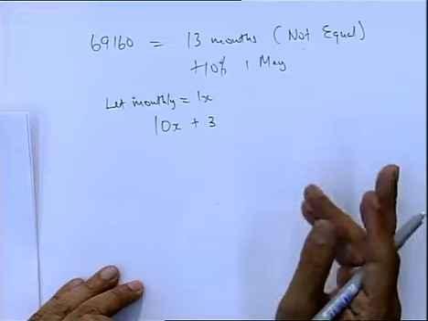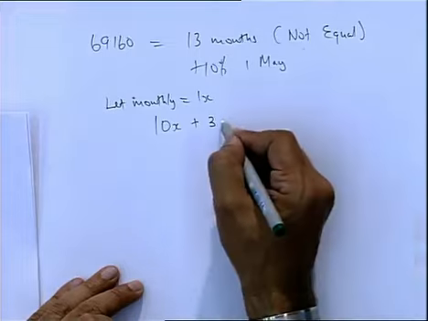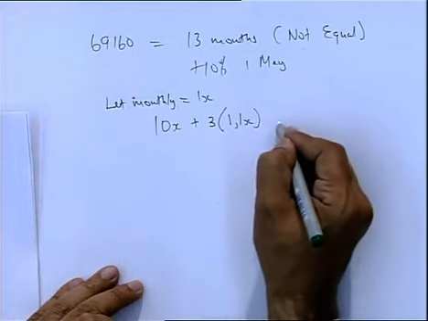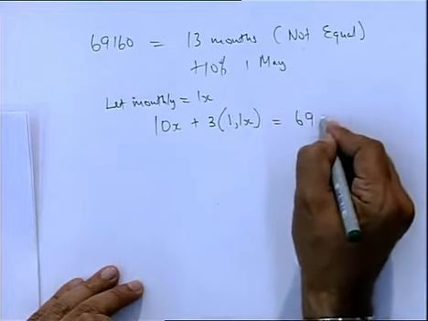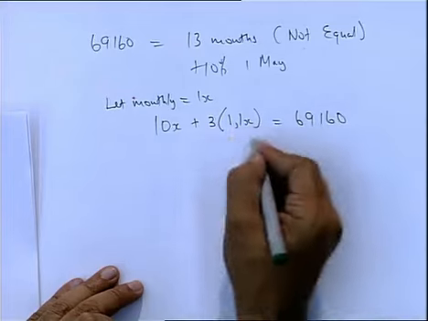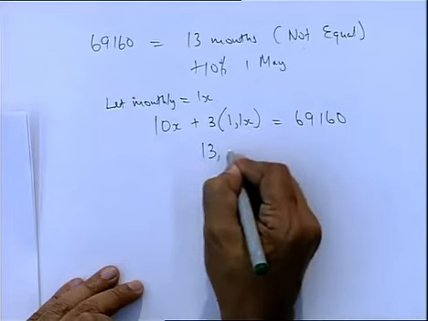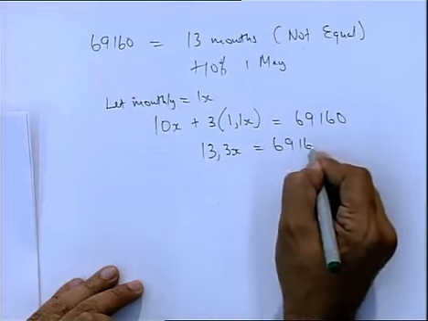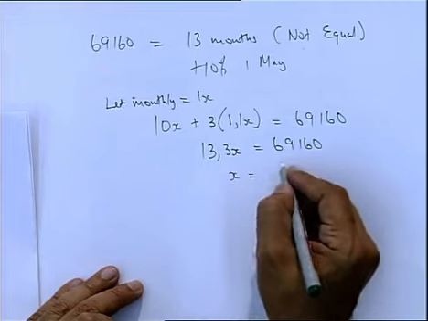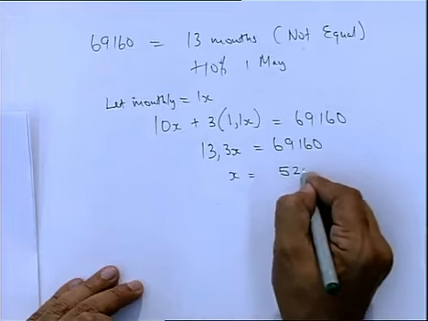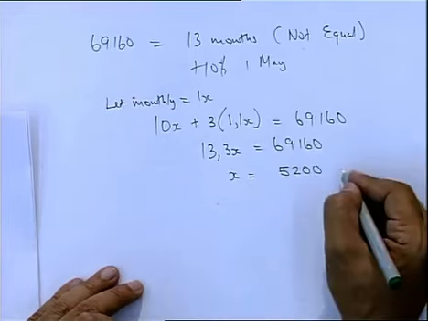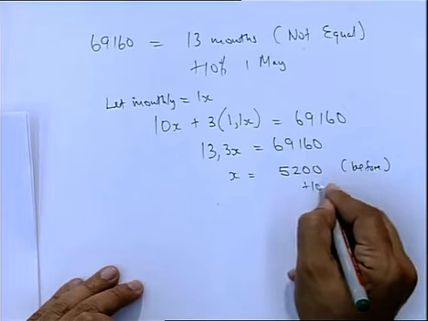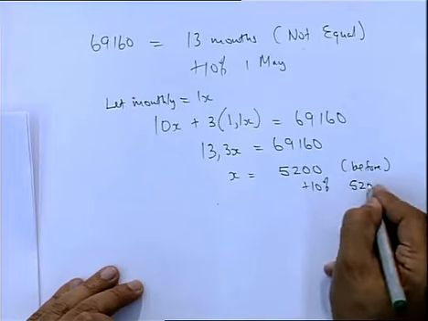The rent increased in May, so you got 10% more in May, in June, and in July. So it's 1.1x, that's the 10% more, and that gave me 69,160. If I work this out, it comes to 13.3x equals 69,160. X is therefore 5,200. That's before the increase, plus the 10%, which is 520.